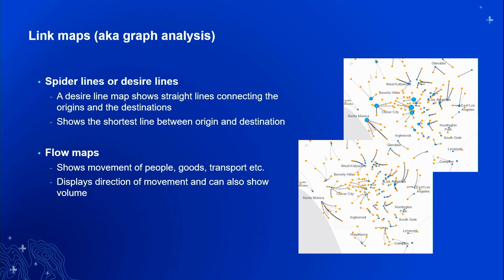The thicker the line, the stronger they're related, and the thicker the node, the more gravity towards it. That's sometimes called a spider line, maybe a desire line. When there is directionality or flow, it's sometimes called a flow map, as you'll see in the bottom picture, and that shows movement.